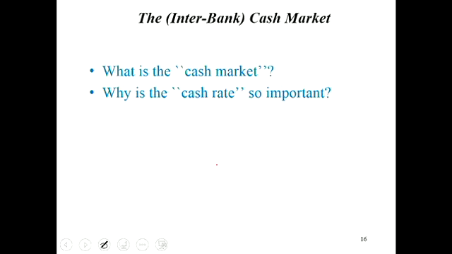If they push the interest rate up or down by changing the supply, that change will feed into the wider market. So when you're thinking about how central banks manage economies, this is the place where it all starts. So this is a key market for the economy, and central banks are involved in here.